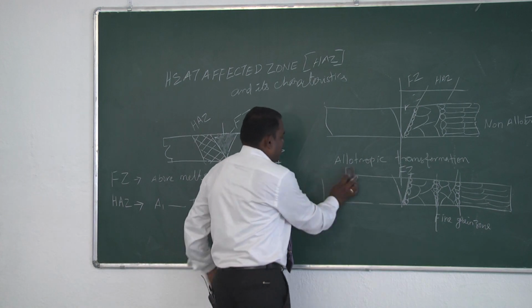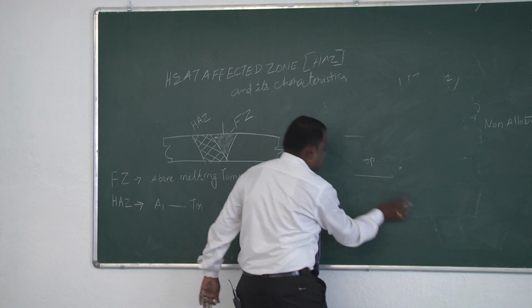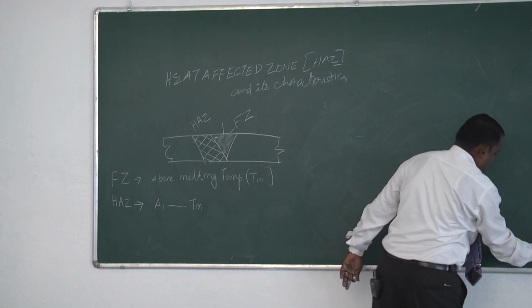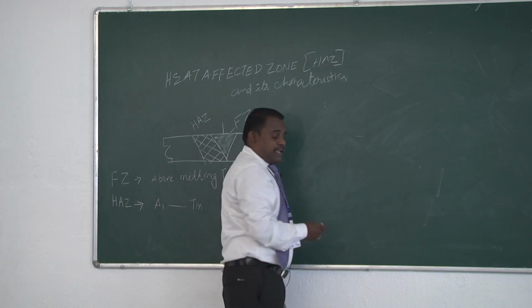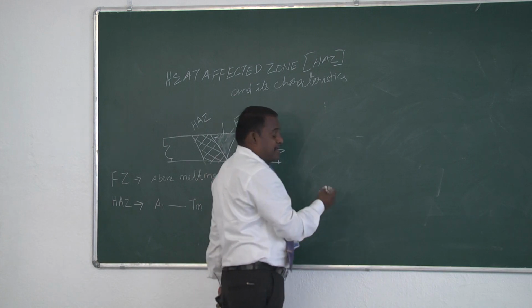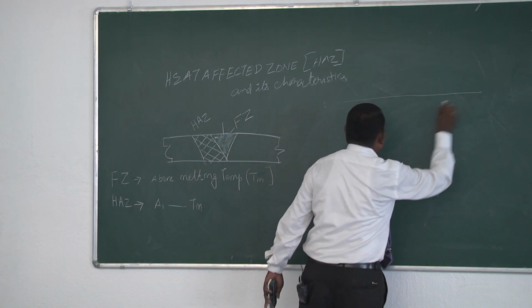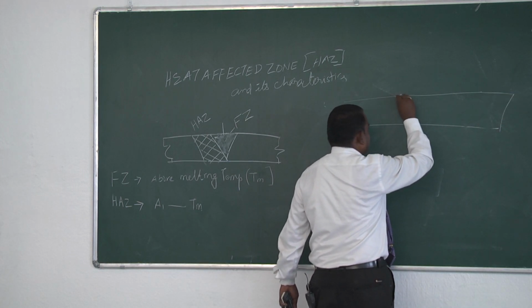The other 2 which we discussed little earlier are the materials that may not respond to heat treatment, but that can be cold worked to achieve higher strength. That material will behave with a different structure in the weld metal.